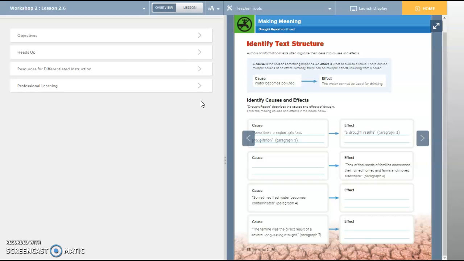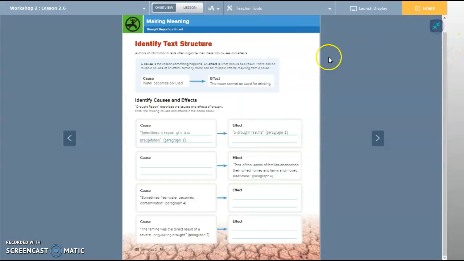All right. So first things first. Today we're going to talk about identifying text structure. Authors of informational text often organize their ideas into causes and effects. I hope that you guys are to the point where you can identify what type of reading you are doing.